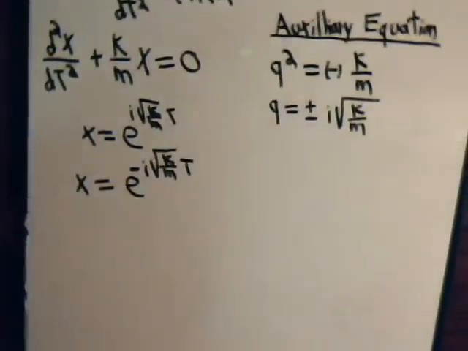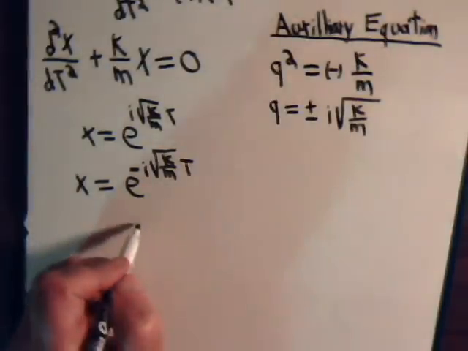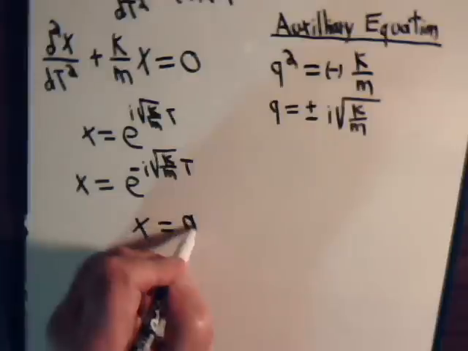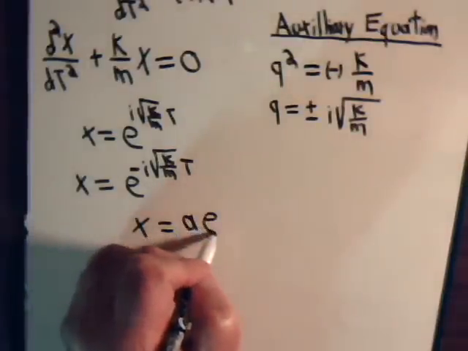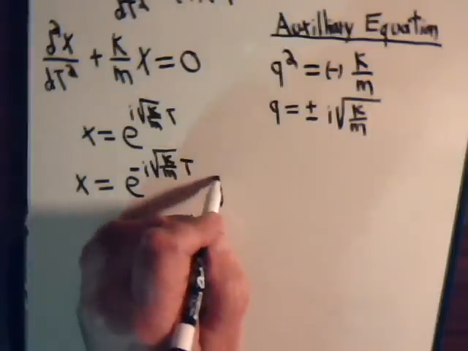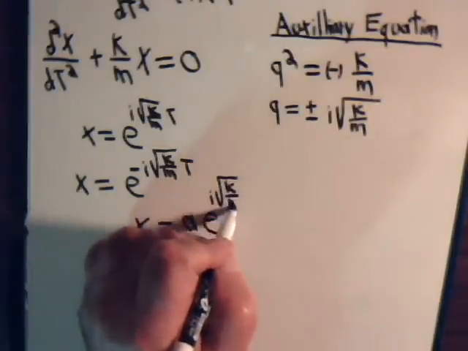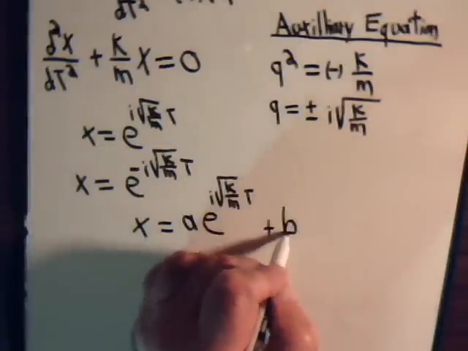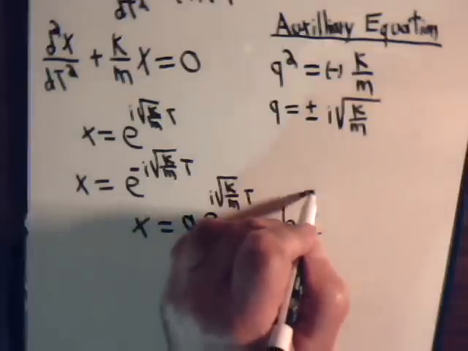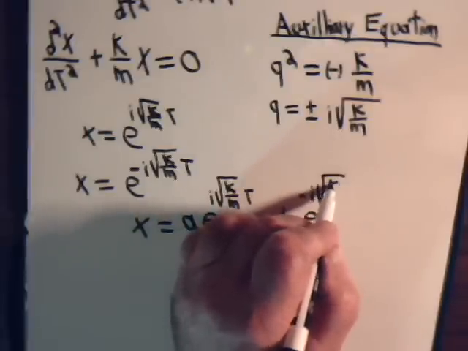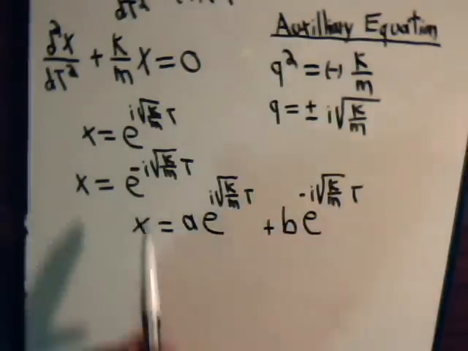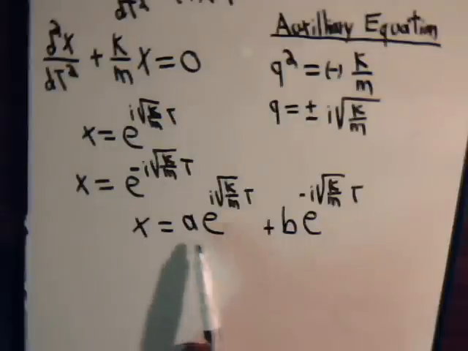So we can write it like this: x equals, say, A, any constant, times e to the i square root of k over m times t, plus B e to the minus i, the square root of k over m times t. So each of these is a solution, and any linear combination of them is also a solution.